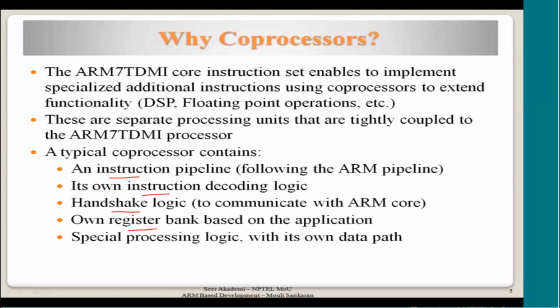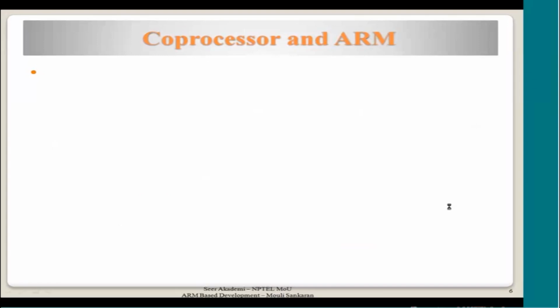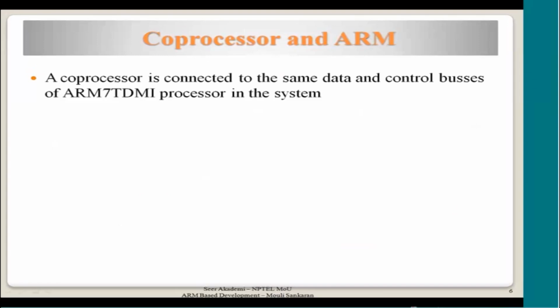The coprocessor has its own register bank and its own data path. You should have this in the back of your mind, then only will you be able to appreciate how the coprocessor works. I will give you more and more. When we go into the details of the signals and how they talk to each other, you will understand how these things all come together to make the coprocessor function properly.